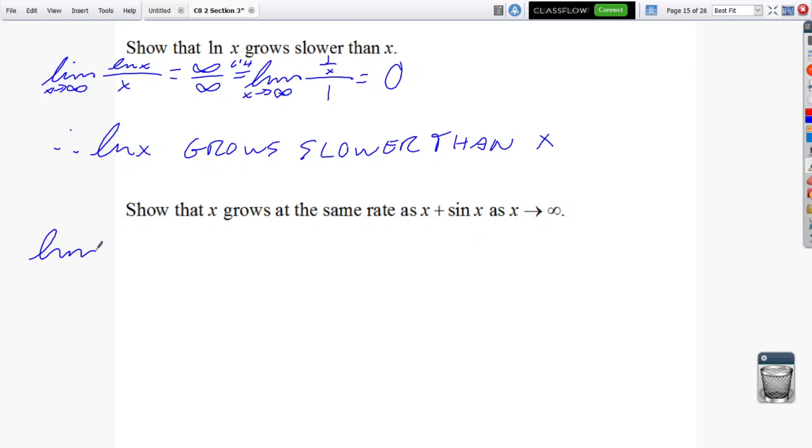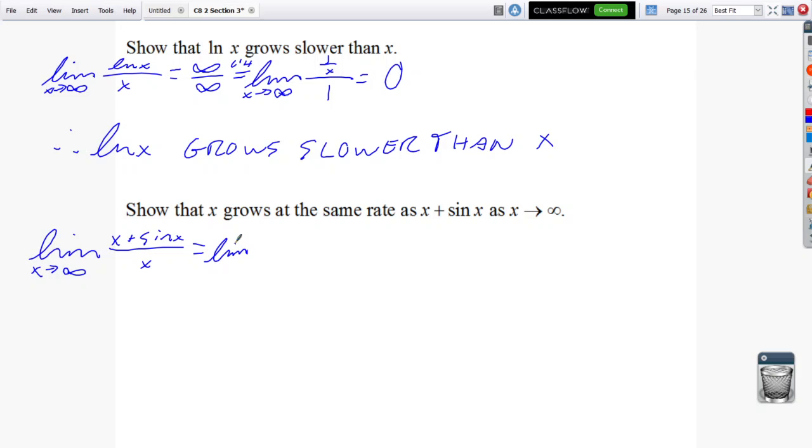So when you have two terms, that's always the better choice. So I'm going to put x plus sine of x up top over x. The reason I put the sum up top is that now I can split the fraction into two different fractions.